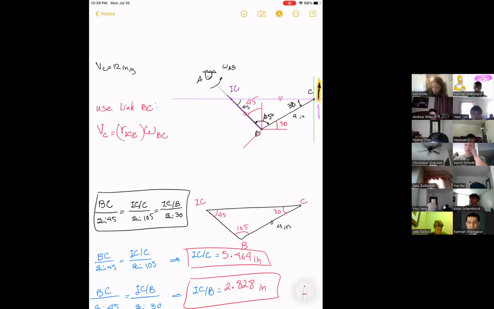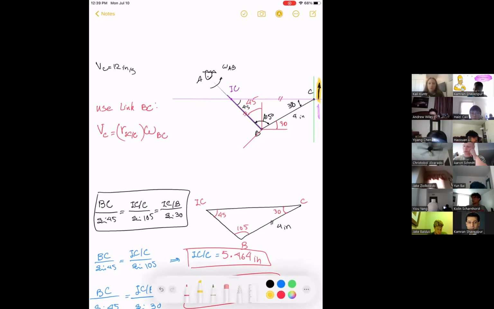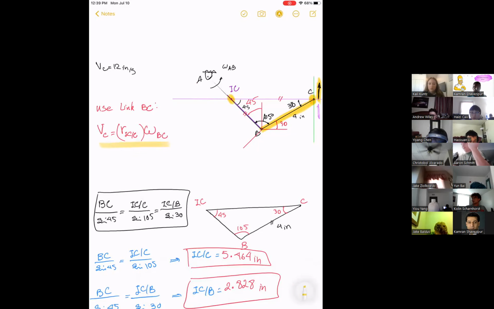Can I do that? Again, look at here. I assume C is a part of BC. So it rotates about this point, and this is the velocity, right?